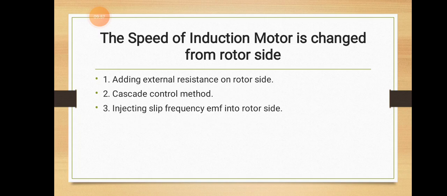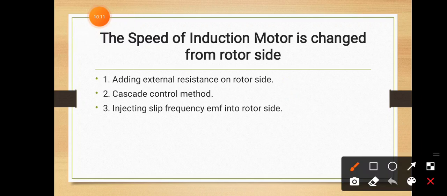In this rotor side control we have three types: adding external resistance on the rotor side, cascade control method, and injecting slip frequency EMF into the rotor side. These three methods of changing the speed of the motor are a little complicated, so we can see the methods of controlling one by one.